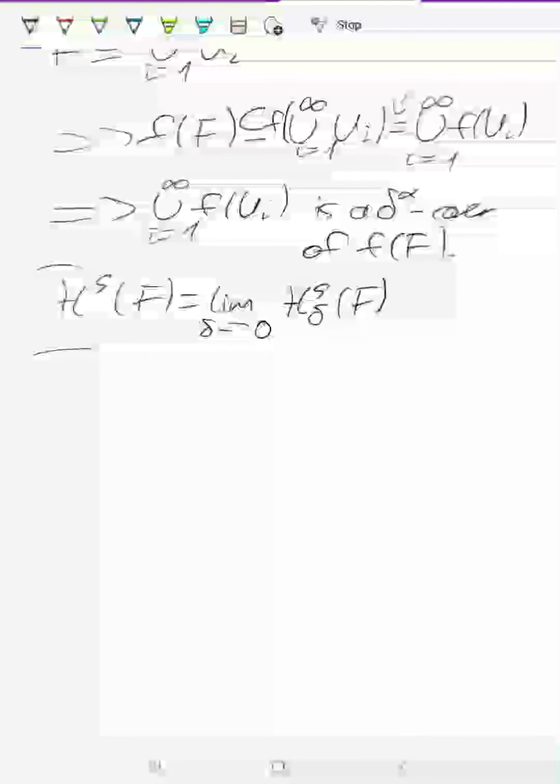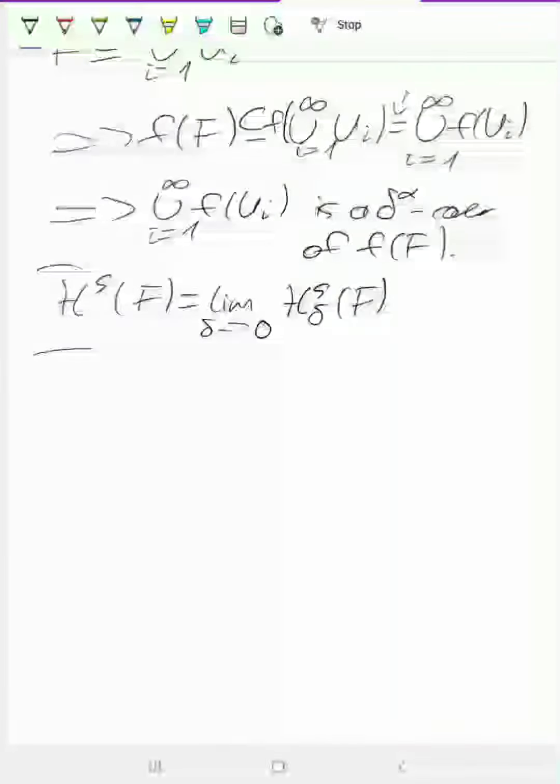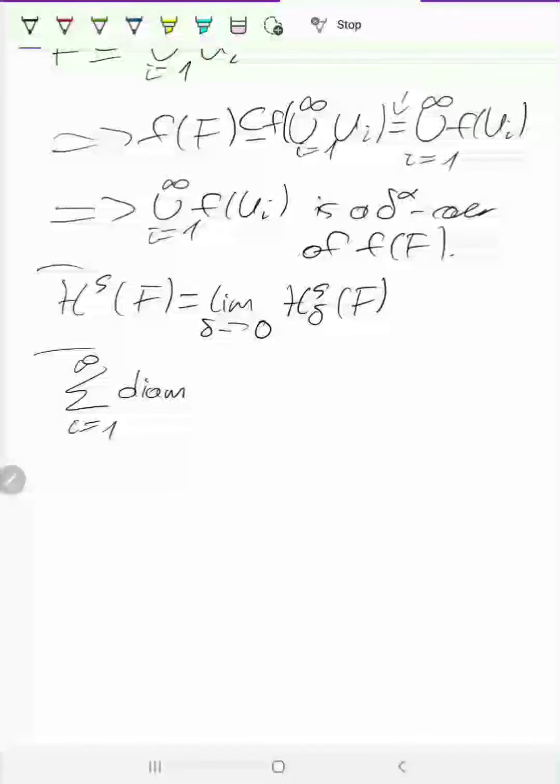What happens for the Hausdorff measure for the image? Okay, and what we want is we want to get an inequality. So let's see how we get it. So we look at these diameters of the images of the U_i.